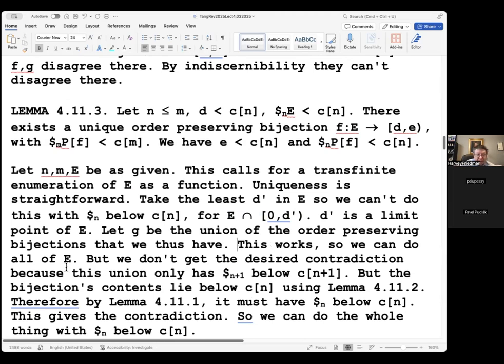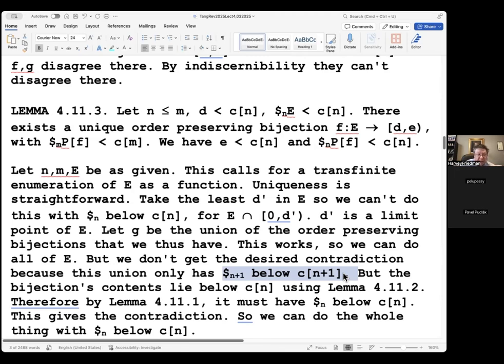So we can do this for all of E, but we don't get the desired contradiction because this union is only constructed higher up. See, that's a problem because in order to get this set, namely the union of the order preserving bijections themselves, you have to say where they are in order to apply separation. So it climbs up.